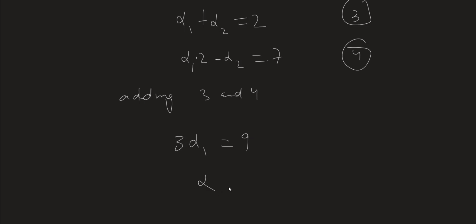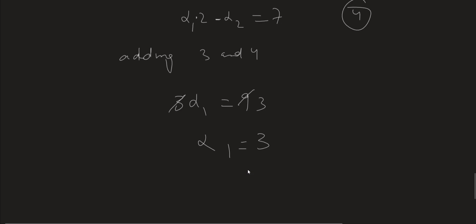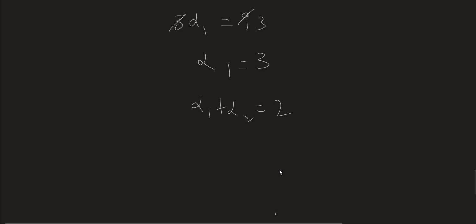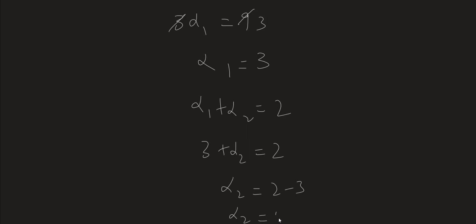Alpha 1 is equal to 3. And at the same time, we know that alpha 1 plus alpha 2 is equal to 2 from the first. So 3 plus alpha 2 is equal to 2. Alpha 2 is equal to 2 minus 3. Alpha 2 is equal to minus 1.